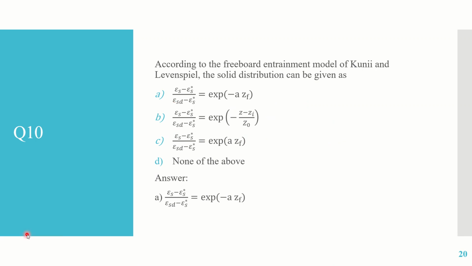So what is Cooney and Levenspiel's model? Cooney and Levenspiel introduced the freeboard entrainment model. How the entrainment rate changes with respect to height inside the fluidized bed is given by their model. For their model, they have introduced various assumptions. The first one is they observed that three distinct phases are present in the freeboard.